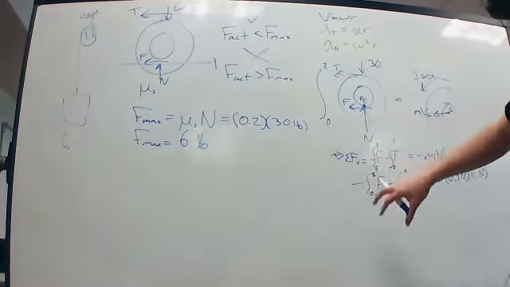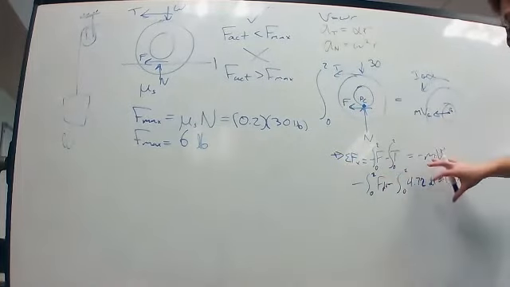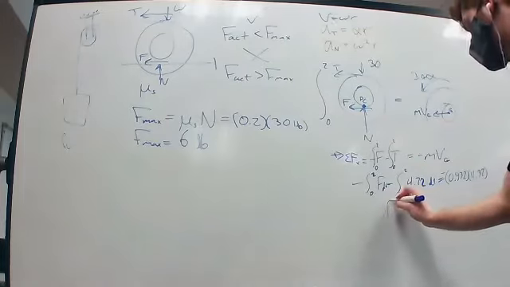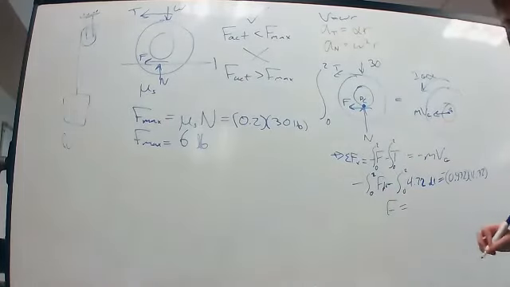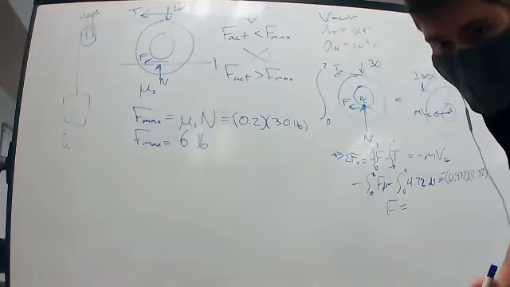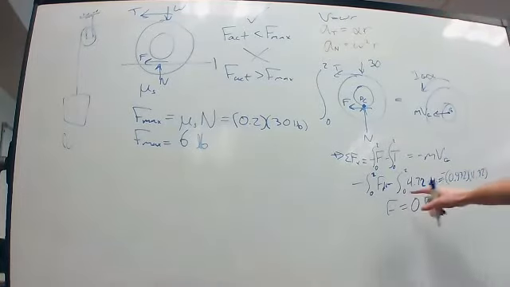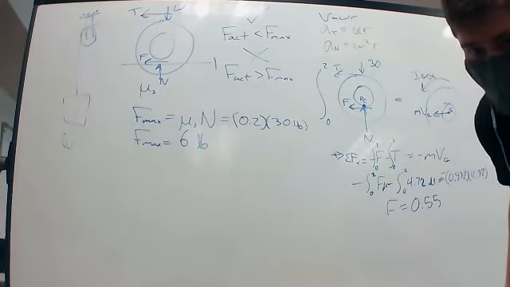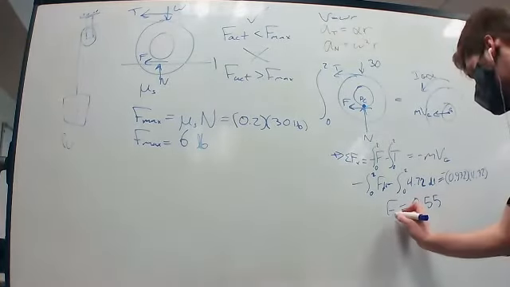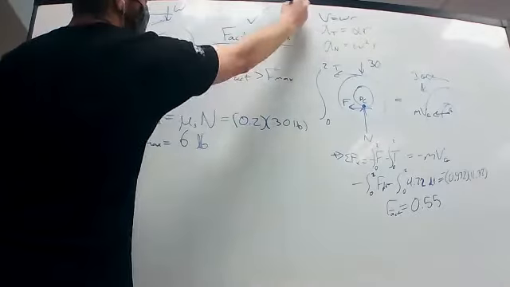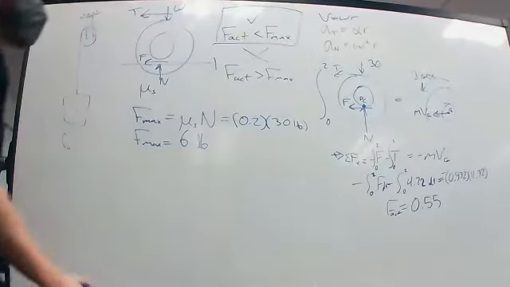So F is our only unknown. We can come back to this to test and find our F actual is equal to 0.55 pounds. And that comes from just solving this out. So then we have our F actual as 0.55 and our F max as 6. So F actual is less than F max and the wheel is no slip.